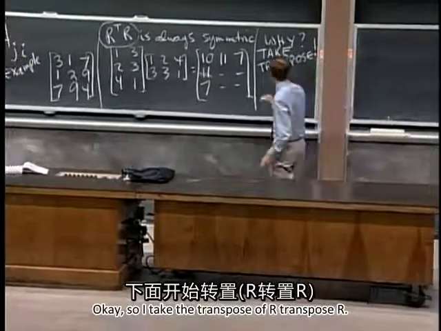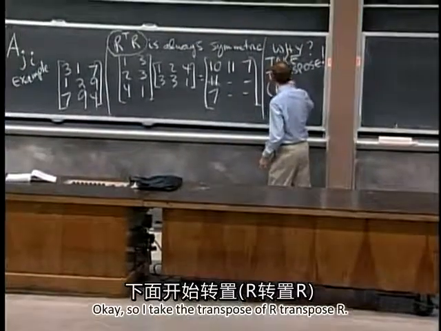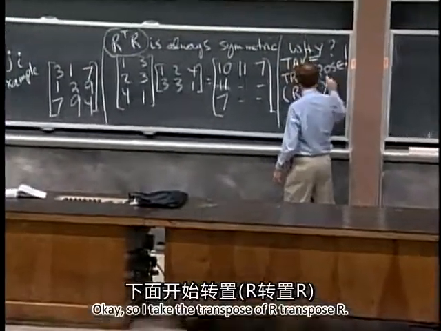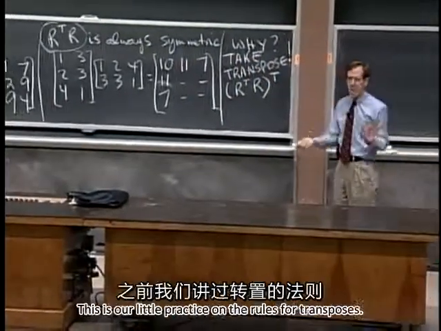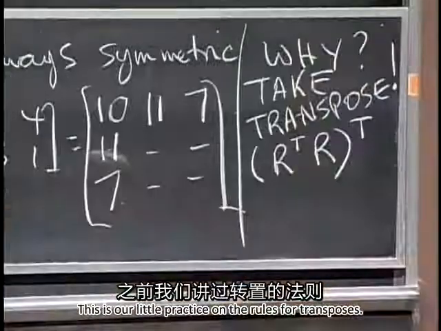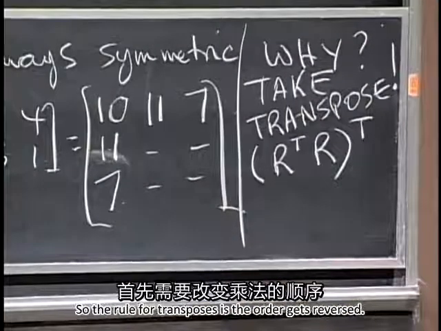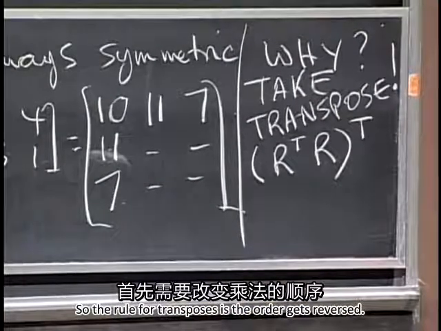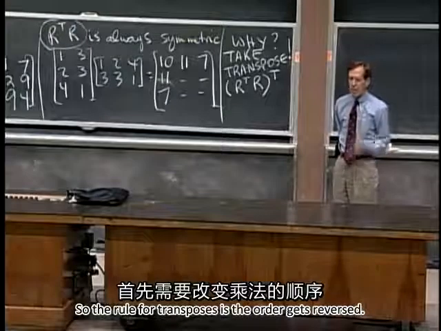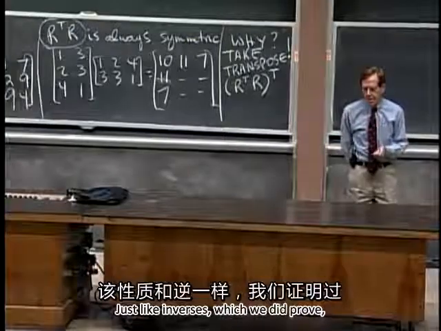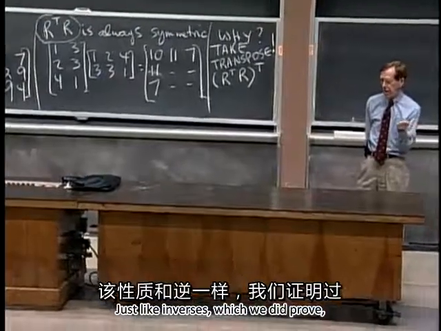Okay, so I take the transpose of R transpose R. How do I do that? This is our little practice on the rules for transposes. So the rule for transposes is the order gets reversed. Just like inverses, which we did prove.